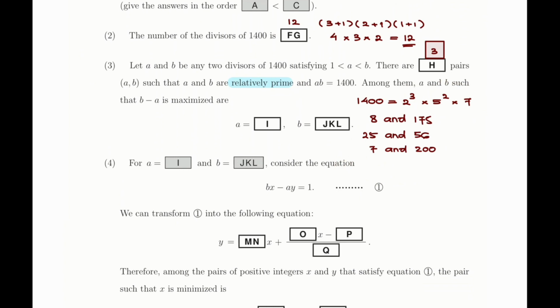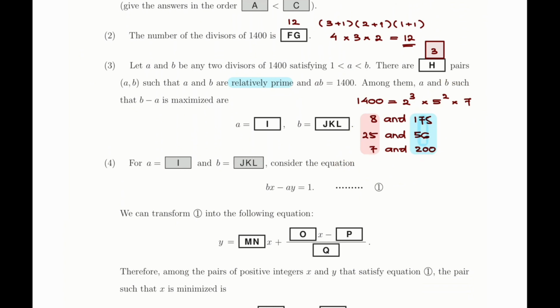Among these 3 pairs of relatively prime numbers, B minus A is maximized. This is B because B is greater than A, and this is A. So all the numbers here are B, and all the numbers here are A. From these three pairs, you can deduce that B minus A is maximized when B equals 200 and A equals 7.